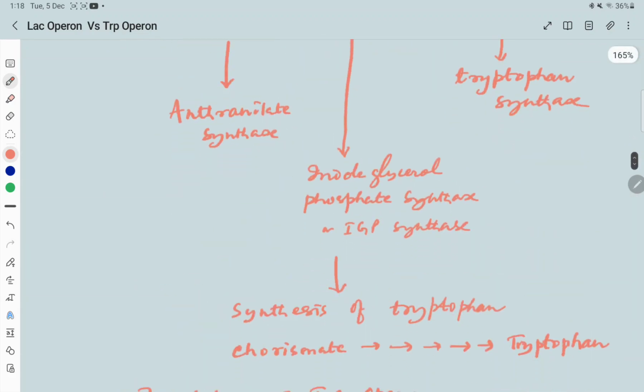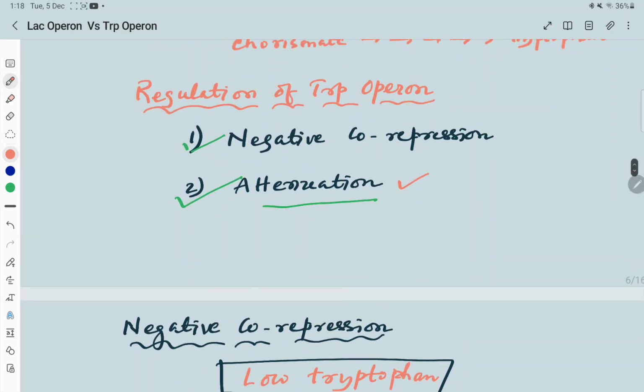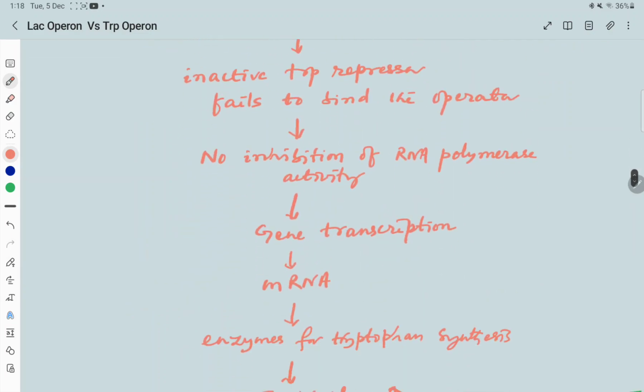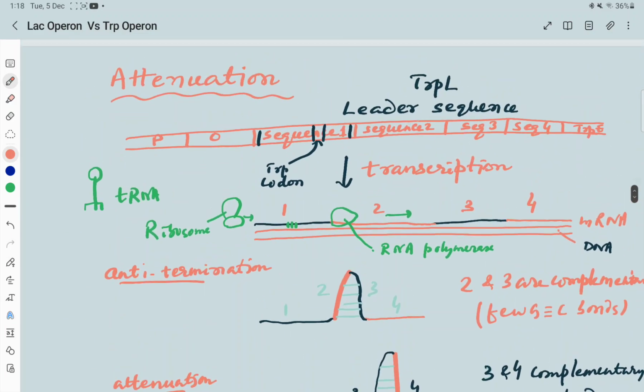In addition, this TRP operon also is regulated through attenuation, and in attenuation this leader sequence or TRPL gene is responsible. It has 4 sequences, sequence 1, 2, 3 and 4, and in sequence 1 there are 2 TRP codons.